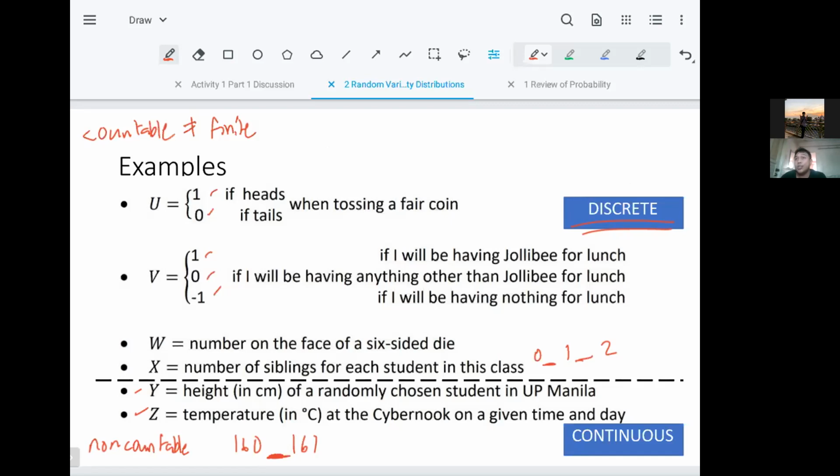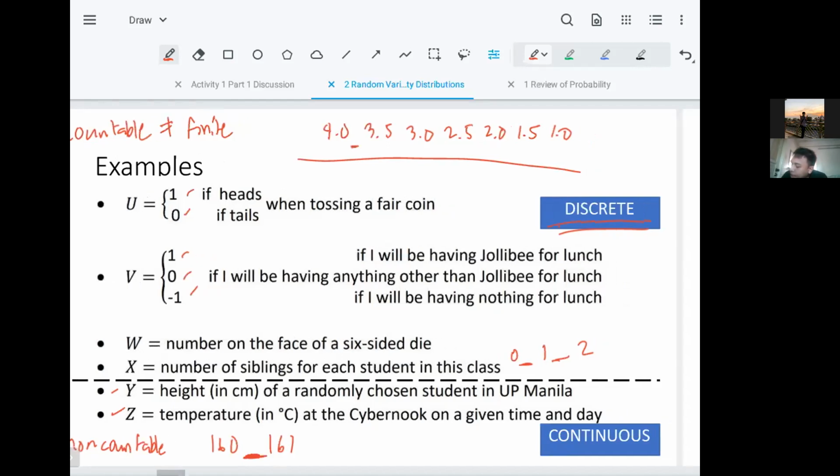Yung grades nyo na lang, pwedeng 4.0, 3.5, 3.0, 2.0, 1.5, 1. Huwag na natin isama yung 0 kasi bawal mangyari yun. Okay. So discrete, di ba? Even if may mga 0.5, countable, wala akong malalagay sa gitna ni 4 and 3.5 when it comes to grade in a subject, right? So yeah, discrete pa din.